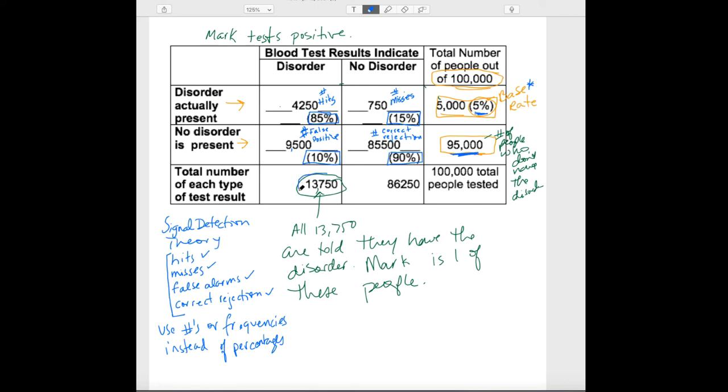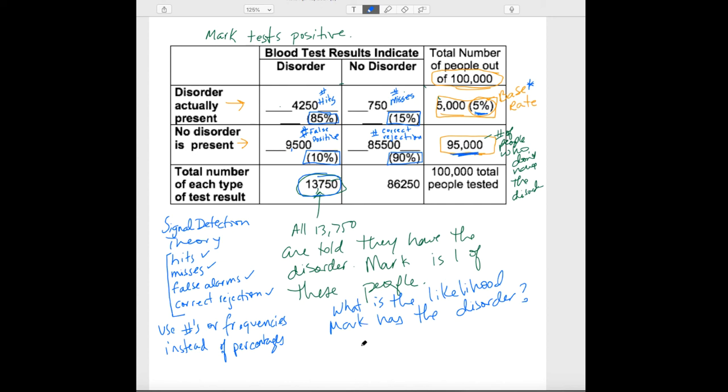So he's actually one of this group who tests positive. There's 4,250 who test positive who do have the disorder, and 9,500 who test positive who don't have the disorder. So a total of 13,750 people test positive. All 13,750 people are told they have the disorder. Mark is one of these people. What is the likelihood that Mark has the disorder?